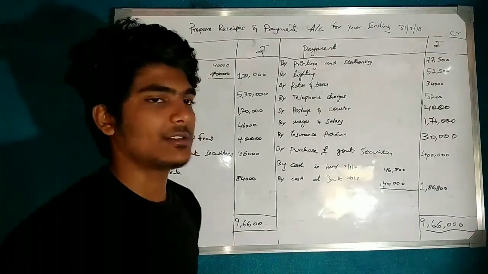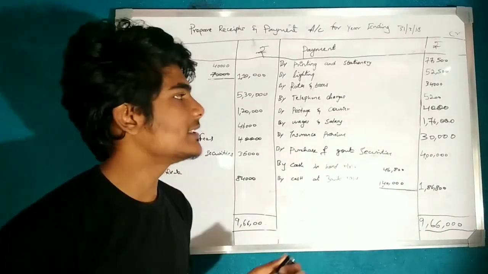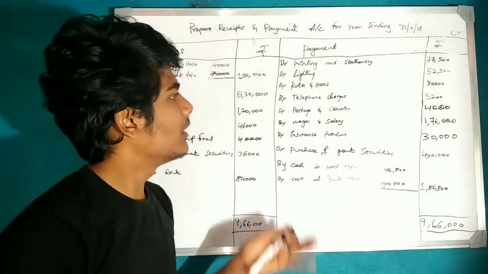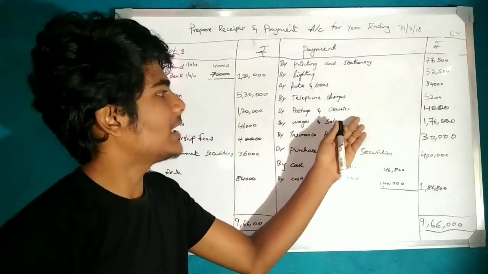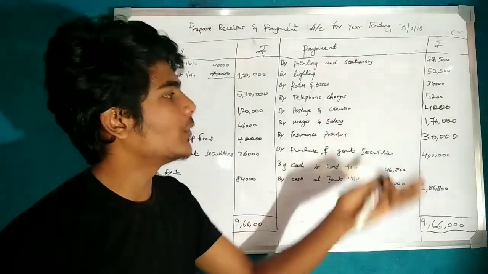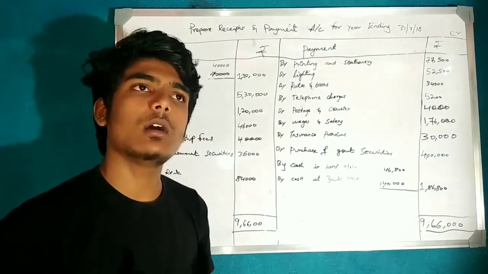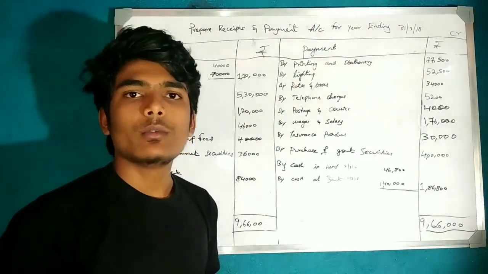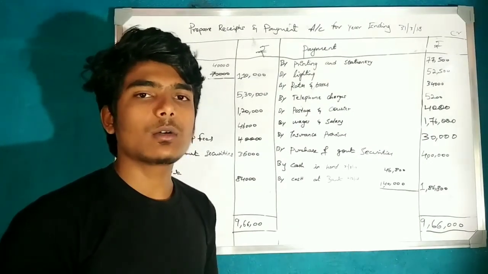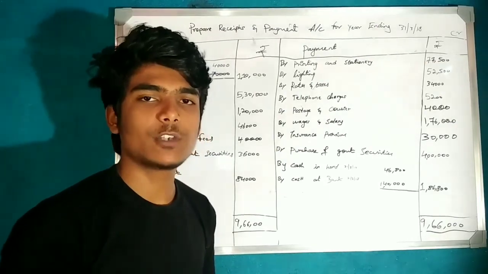By telephone charges is rupees 5,200. It's a type of expenditure. It belongs to the credit side. By postage and courier is rupees 4,000. For example, you have ordered tablets from the doctor. While you're getting the courier, you have to pay the amount to the postman, right?